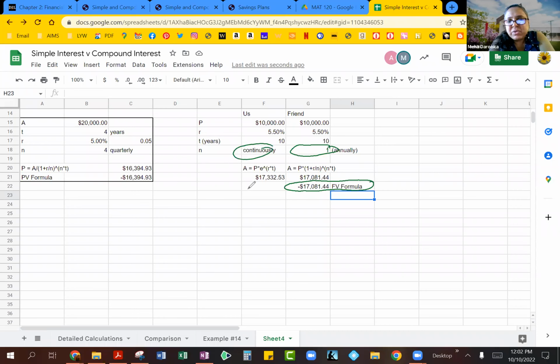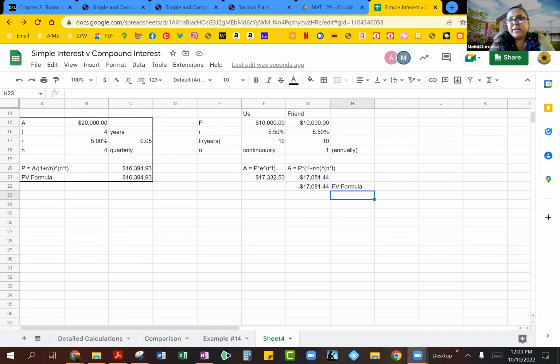When it's continuous, there is no built-in function. So for continuous, you can only use this formula here, or the way I typed it into that cell. So just a little bit of a difference depending on what information you are given and what you are able to use.